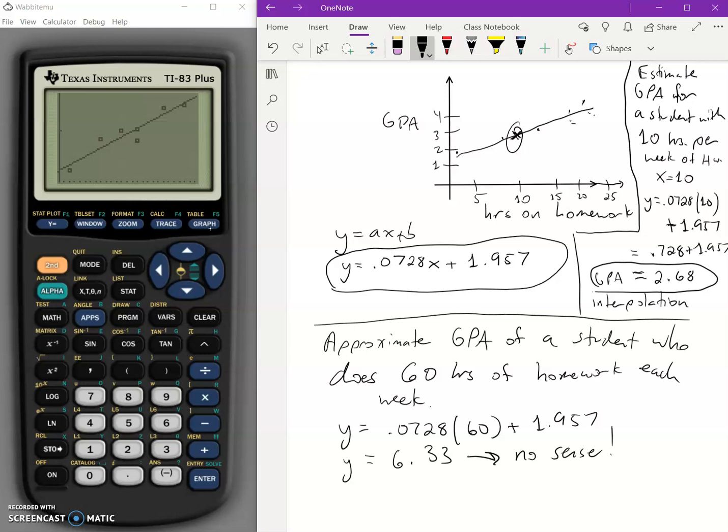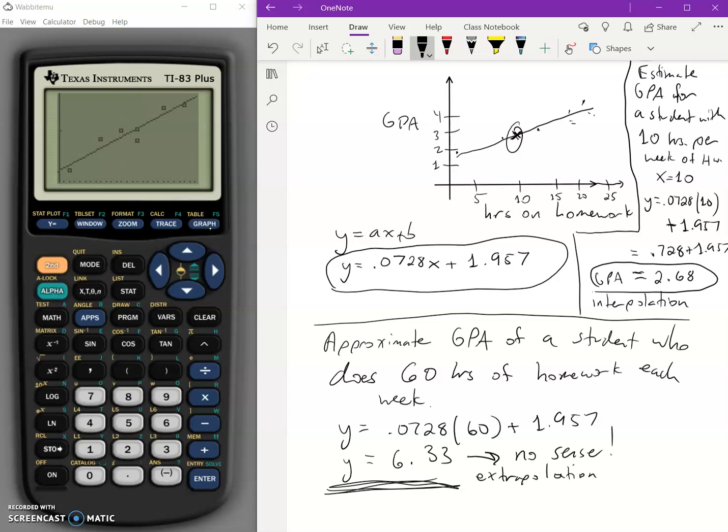But also, you obviously can't have a GPA that is 6.33. And so this is one of the problems of why we don't trust extrapolation. So interpolation, those are values that we can trust, approximating it with the line of best fit within our range. Extrapolation, we don't trust that. That's going to be outside the realm of this.